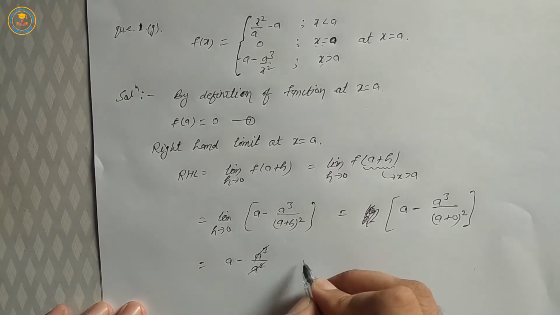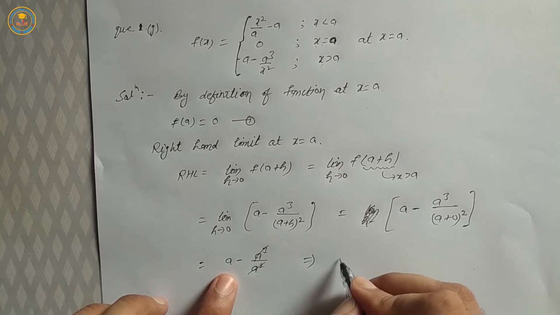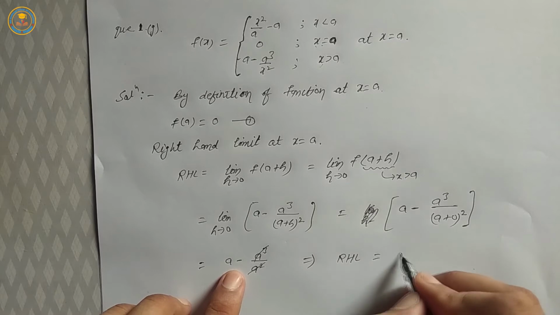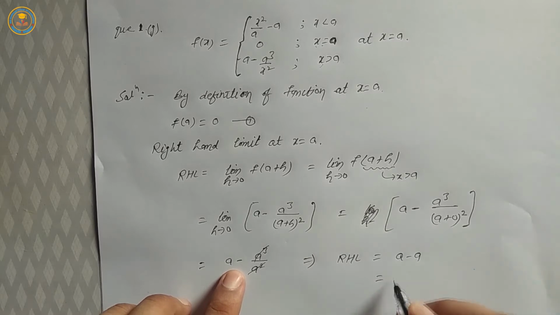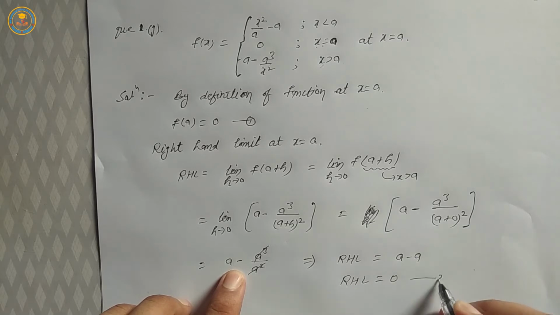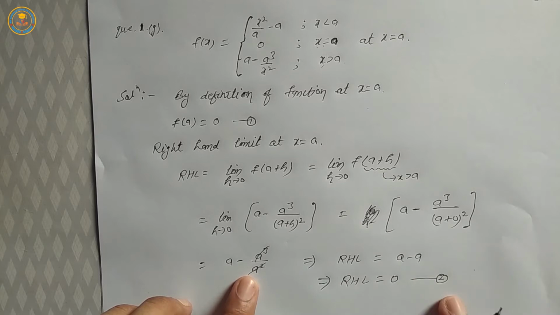A square, a cube cancel out. It means RHL is equal to a minus a is equal to 0. RHL is equal to 0. Equation 2.